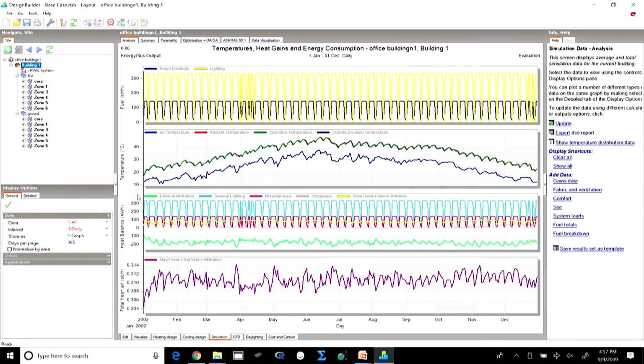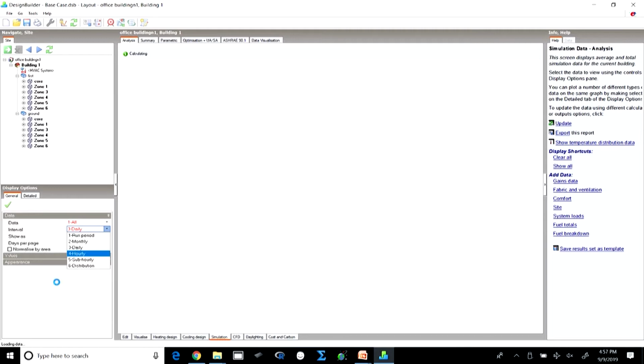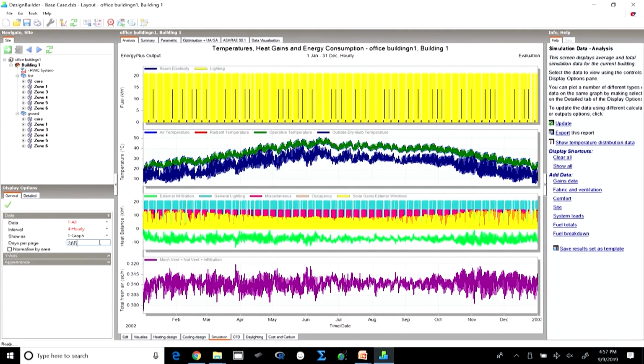So, this is the outside dry bulb temperature which is received here, and the air temperature indoors and the radiant temperature is shown here. So, instead of the daily graph, if we look at the hourly graph, and instead of 365 days, let us just look at say 7 days.